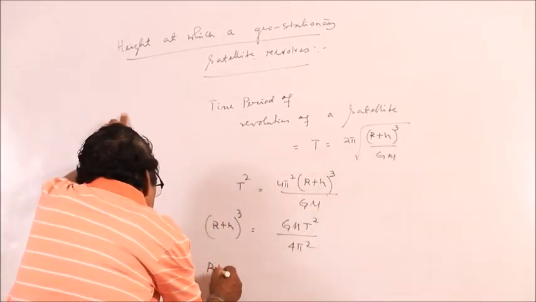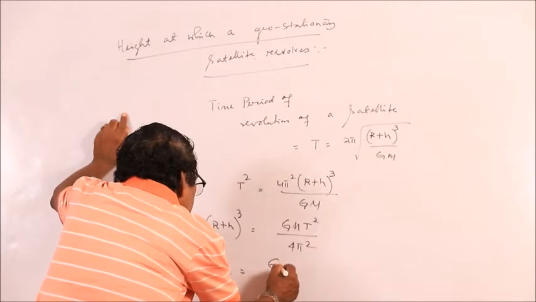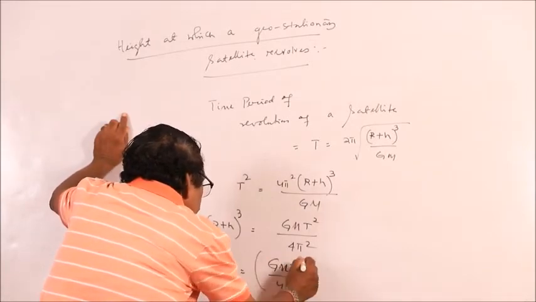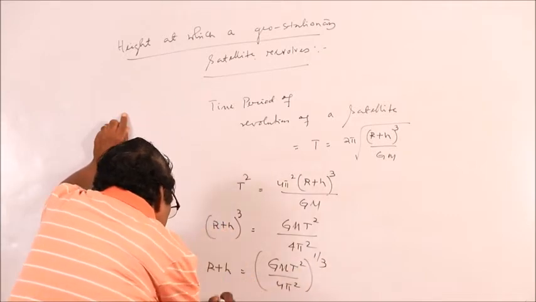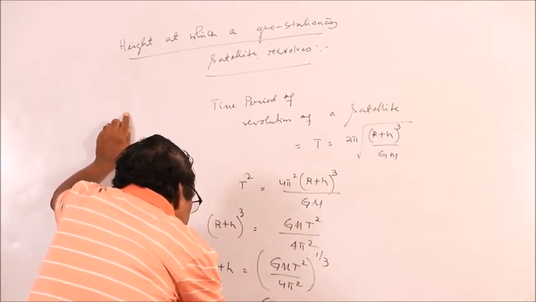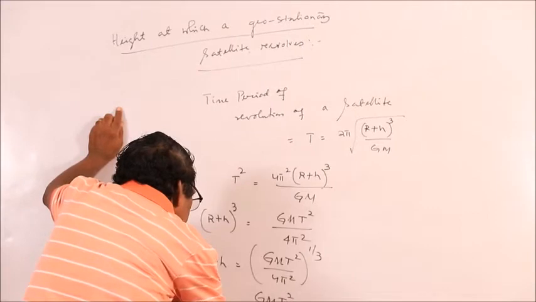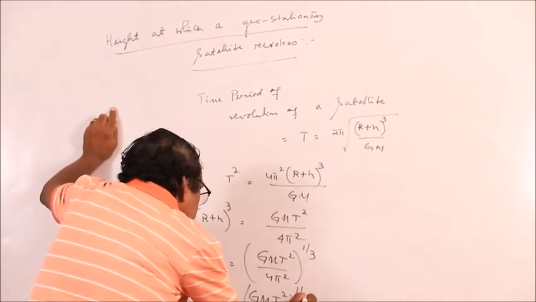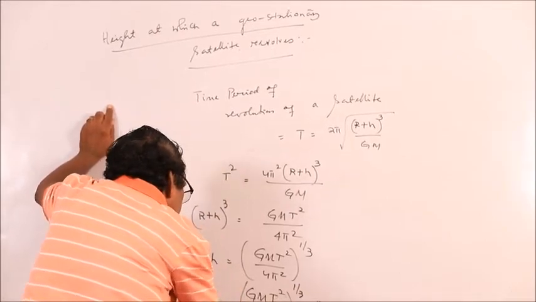So, r plus h is equal to (gm T square by 4 pi square) to the power 1 by 3, or h is equal to (gm T square by 4 pi square) to the power 1 by 3 minus r.